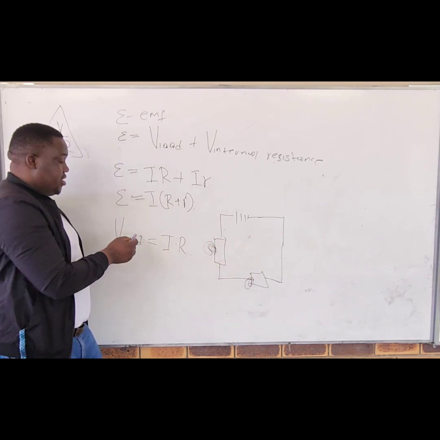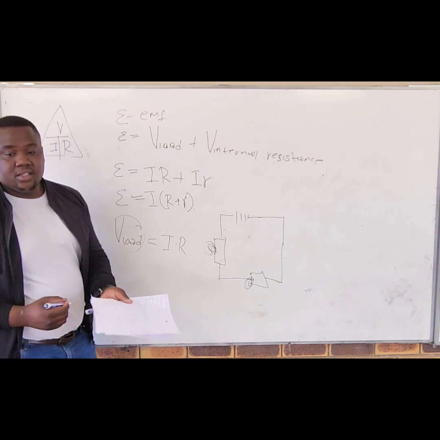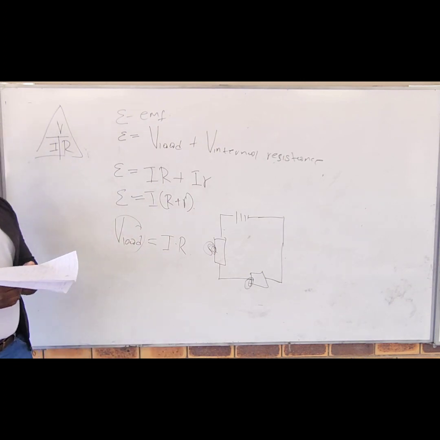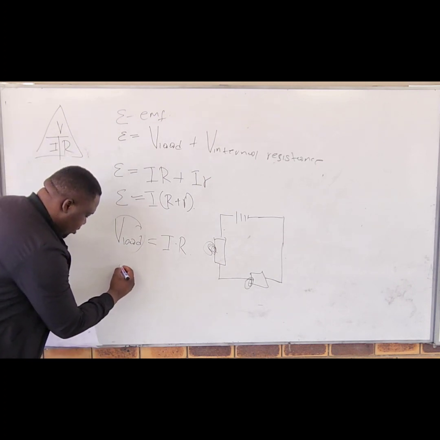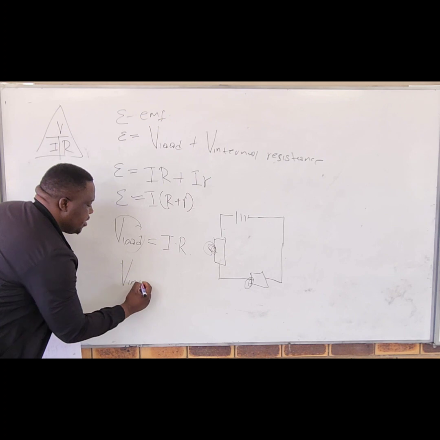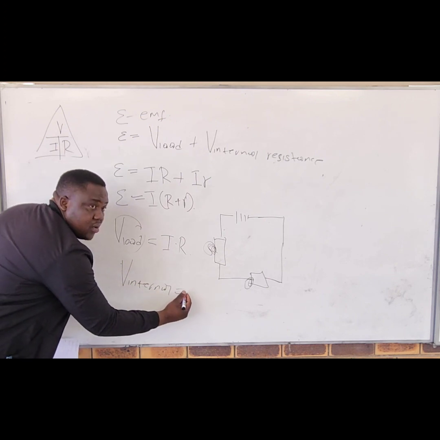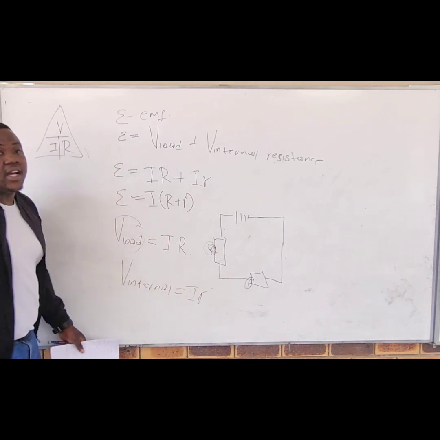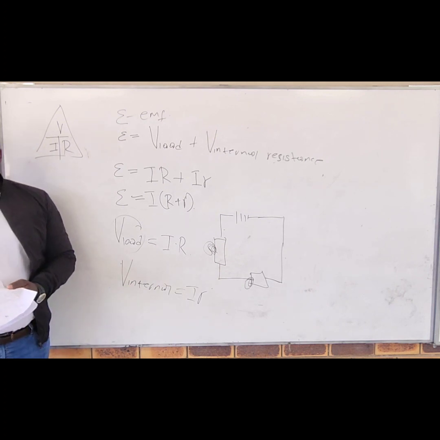Then we'll get the V load. So that is the application. It also means if we want to get V internal, it is equal to I small letter r. So that's how we interpret the electric circuit.